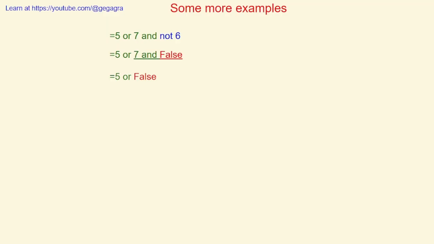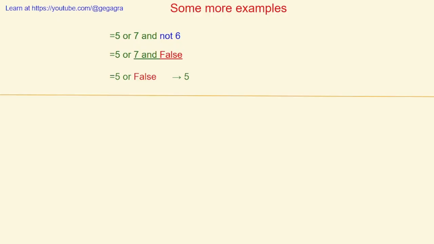This is the outcome of the previous statement. Now with 5 or false, as per the rule, the first true value when combined with or is what it returns. The first true value is 5, otherwise it would return the last value. So 5 is the true value, and it will return 5 here.